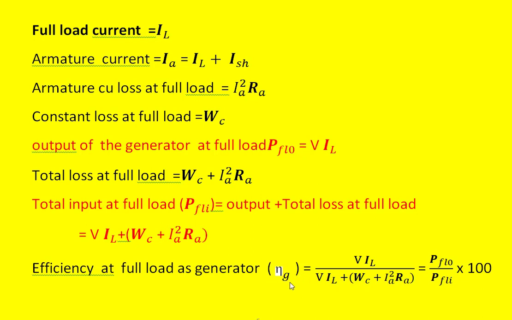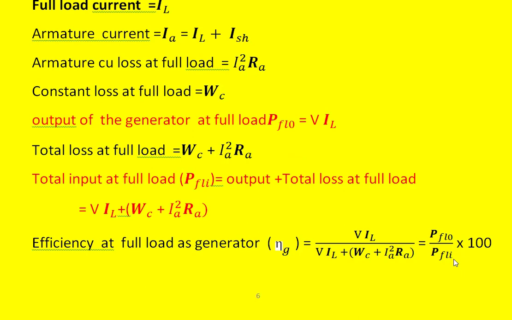So we can write eta G is equal to output VIL divided by input, which we can represent as P suffix FLO divided by P suffix FLI. FLO represents the output power, FLI represents the input power. If you multiply that with 100, then we get the efficiency of the generator at full load conditions.